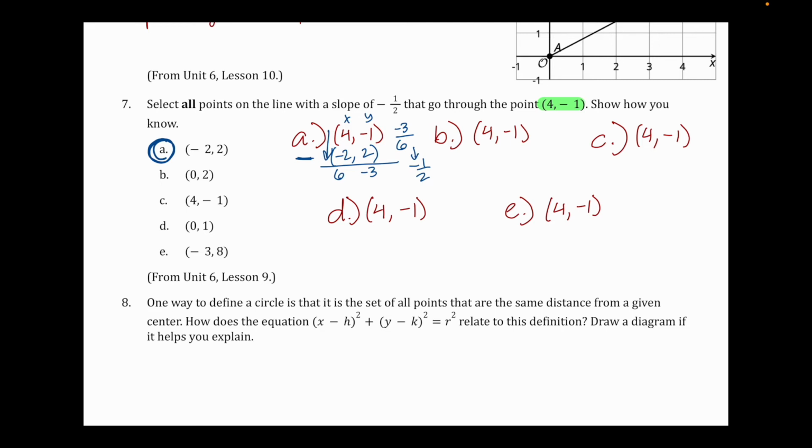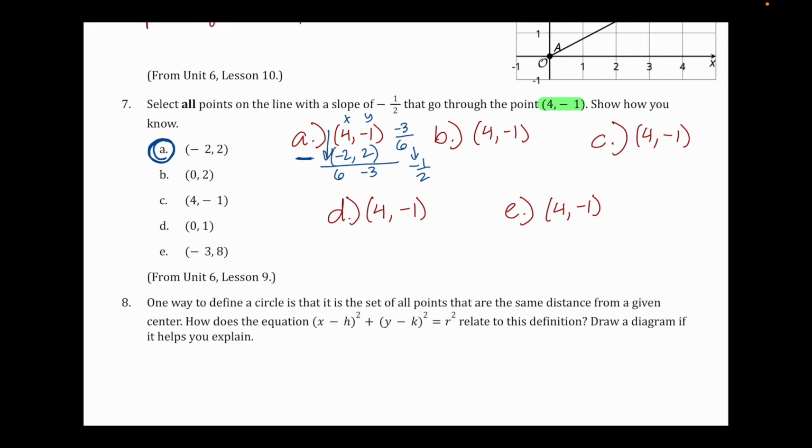There's another way to do this instead of finding the slope between each of these sets of points, and that would be to set up the point slope form of this equation and plug in the x and y values. But it's essentially the same because that's actually where the point slope formula comes from. It comes from what we're doing with finding slope.